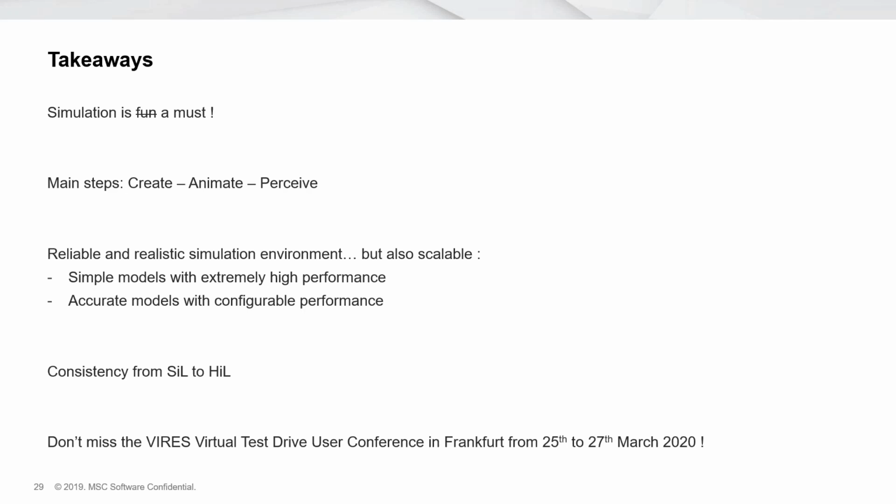So you can, for example, imagine creating a test in SiL and reproducing it in HiL without having to change anything in your environment, except of course the interface for your HiL. This is really important to take into account for a simulation environment.